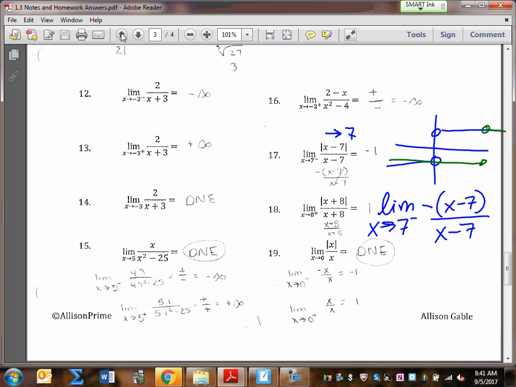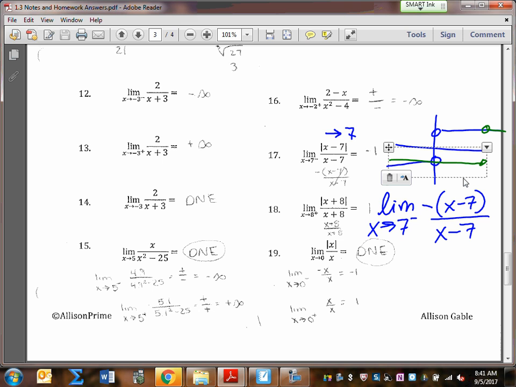It's using that piecewise definition: the absolute value of x minus 7 is defined as the opposite of x minus 7 on the left side and just x minus 7 on the right side. So since we're approaching the left side of the vertex, we would be doing the opposite of that. Then when we reduce these, we've got negative 1. So either way, whichever works for you.